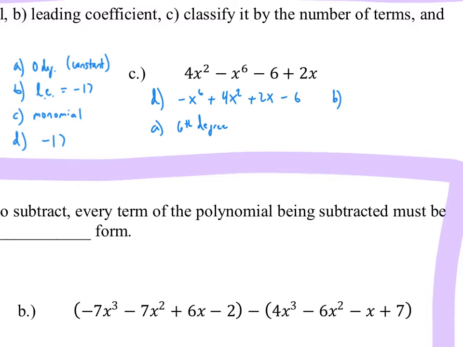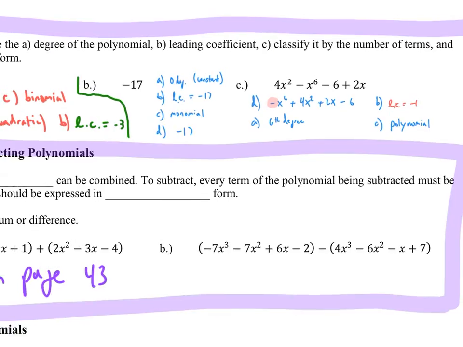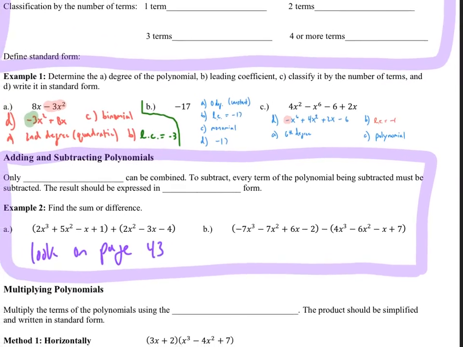Leading coefficient, that would be the first number now that it's in order, so that would be negative 1. So leading coefficient is equal to negative 1. And then C is the number of terms, so that's 4 terms, so that is a polynomial. Poly meaning many, so it has many terms.